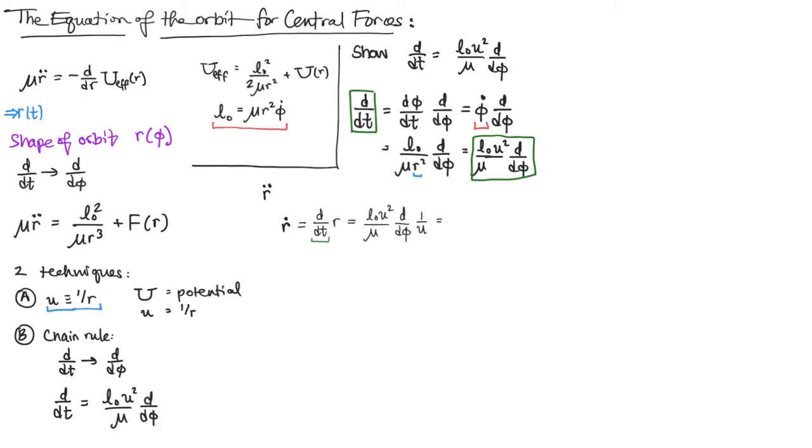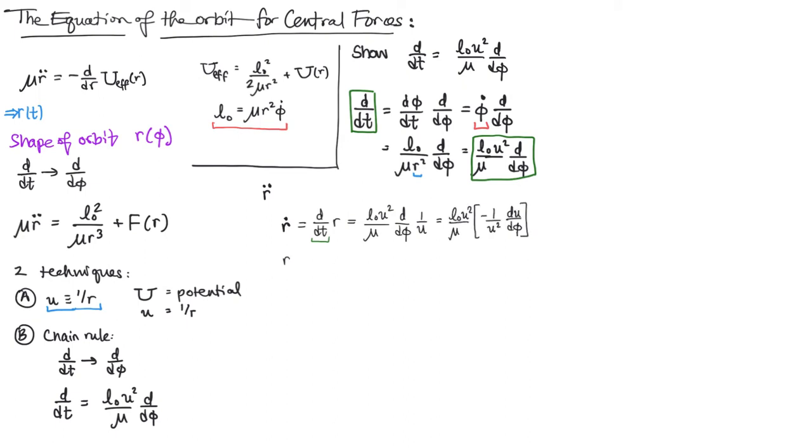And now we need to take d d phi of 1 over u. Well, the derivative of 1 over the function would be minus 1 over the function squared times du d phi. So we have L naught u squared over mu, that piece out front stays as it is, and then we have a minus 1 over u squared du d phi, like so.